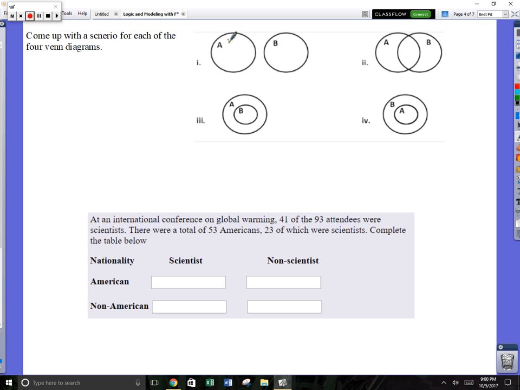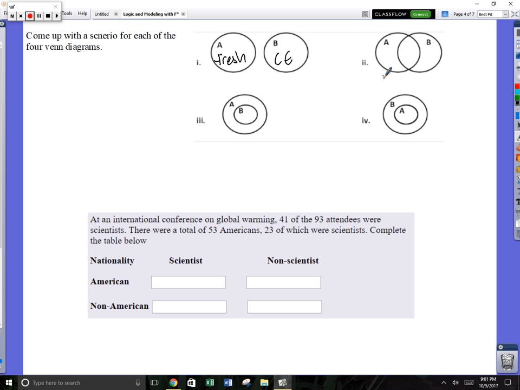So I'll say set A is the freshmen, and I'll say set B are students taking a concurrent enrollment class at Delta High. So kids that are enrolled in concurrent enrollment and kids that are freshmen at Delta High, these 2 worlds never intersect. There's no overlap ever. You got to be at least a junior to take concurrent enrollment.